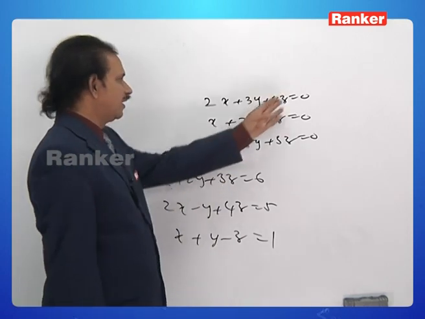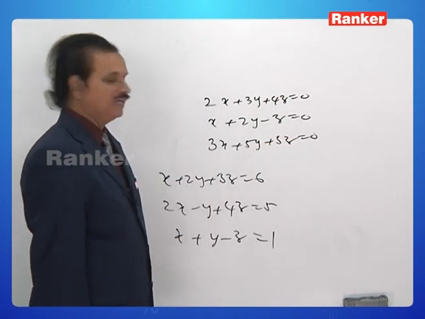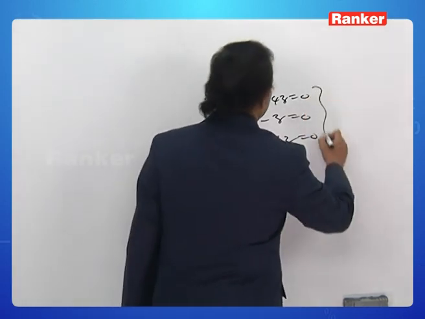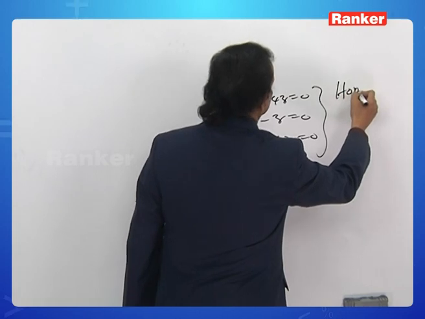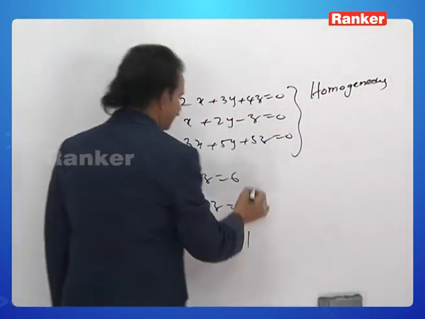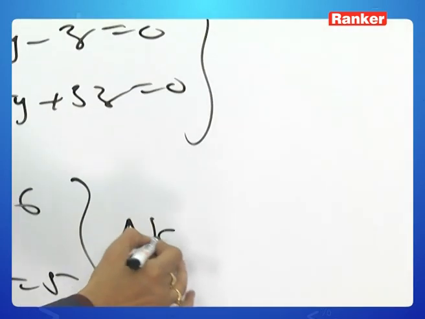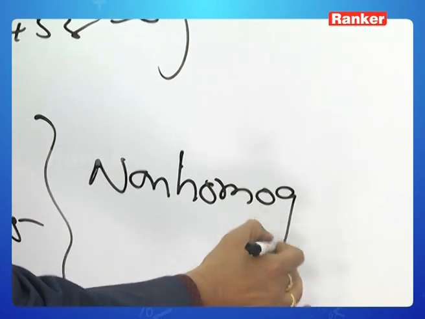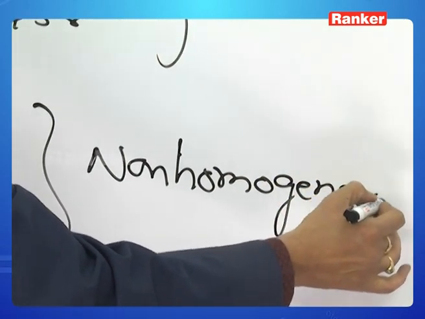For the first system, there are no constants. For this system, there are constants. This type of system is called a homogeneous system, and this type of system is called a non-homogeneous system.